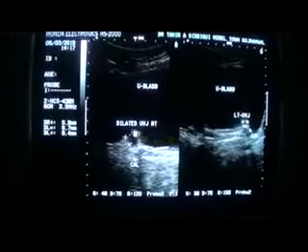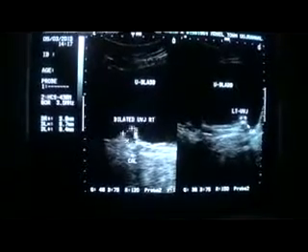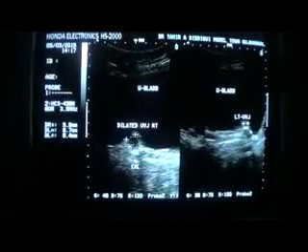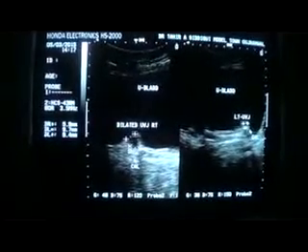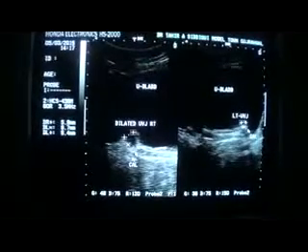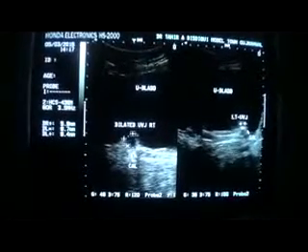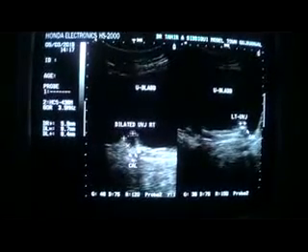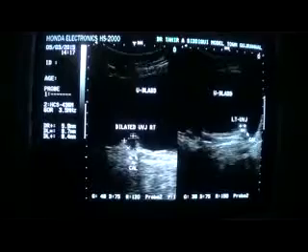On the right side of the image you are seeing the dilated uretrovesical junction, and there you see a calculus that measures approximately 9.4 mm. Now let me reproduce this to you on the ultrasound.